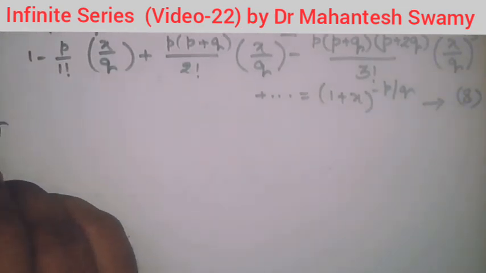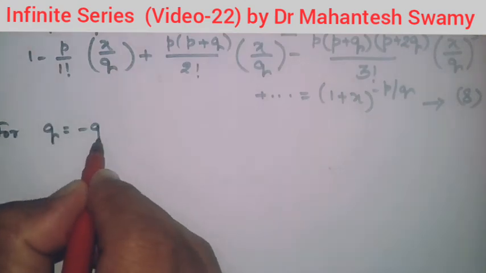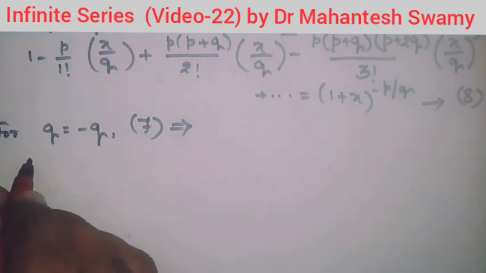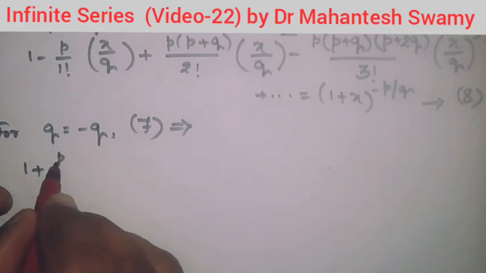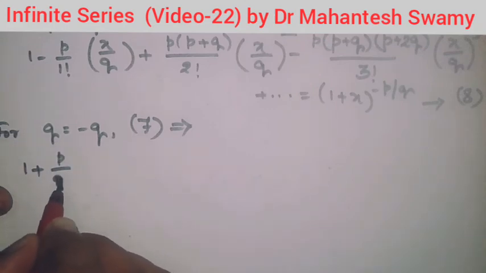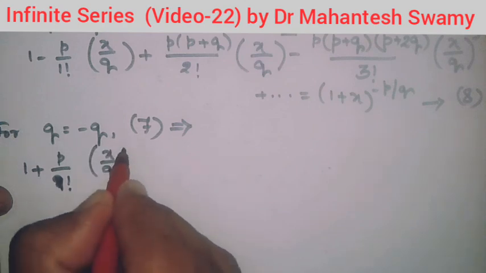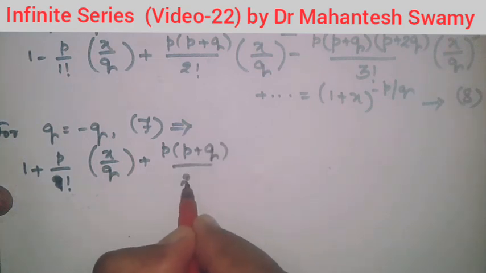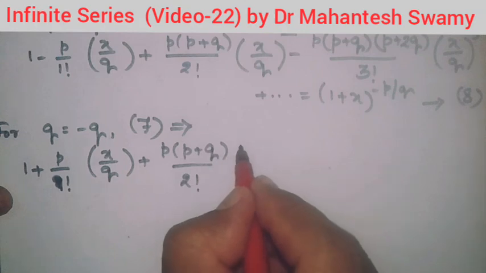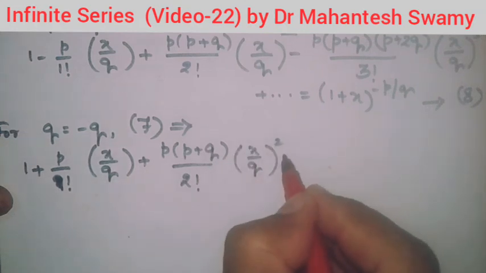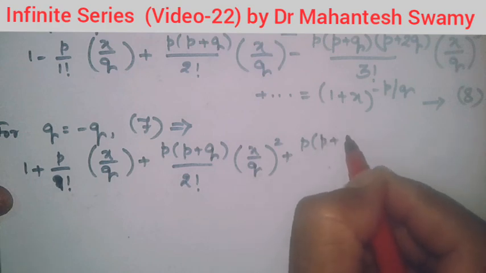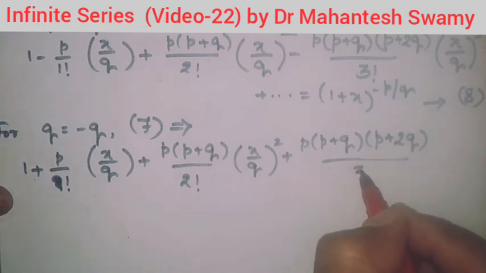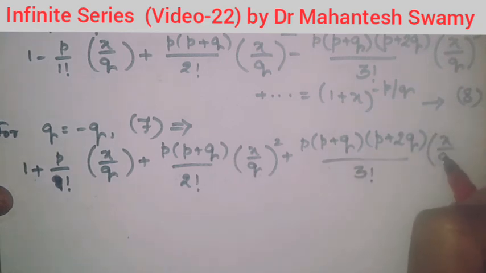So for q equals to minus q, equation number 7, which we obtained as a special case of equation number 6, now it is becoming entirely positive, that is 1 plus p by 1 factorial into x by q, plus p into bracket p plus q divided by 2 factorial into x by q whole square, plus p into bracket p plus q into bracket p plus 2q divided by 3 factorial into x by q whole cube.